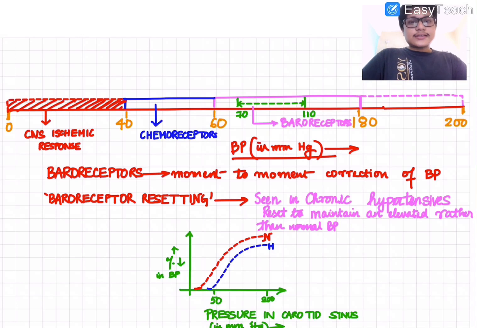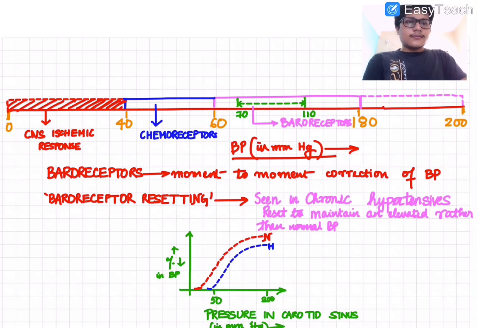Okay, since we are discussing the regulation of blood pressure, we need to know for what range of pressure which regulatory mechanism is acting. I know we have only discussed the baroreceptors till now, but this portion is essential and you should know it before we delve into the chemoreceptors and the CNS ischemic response.